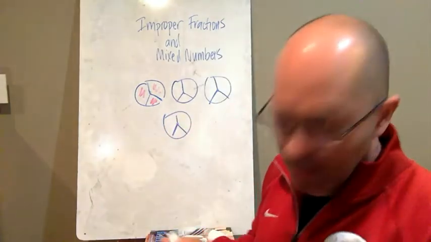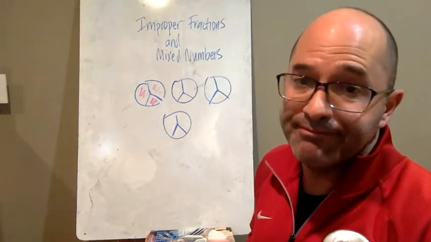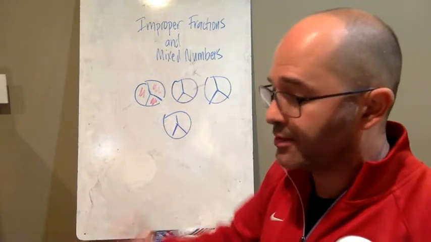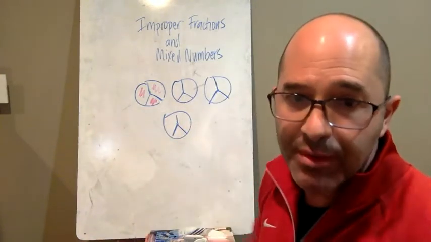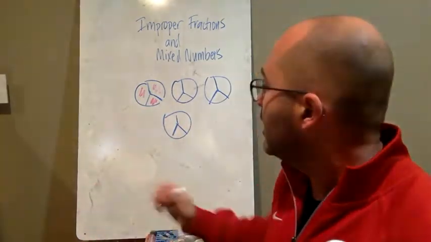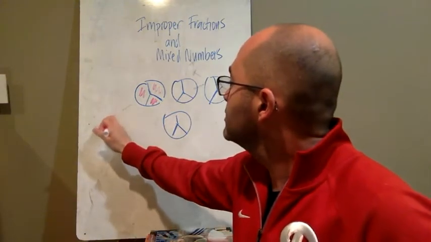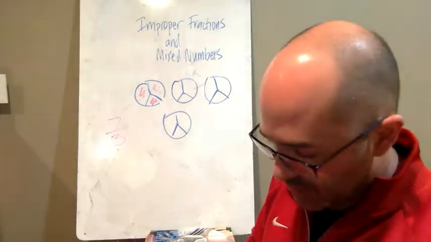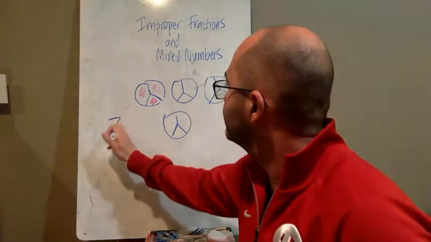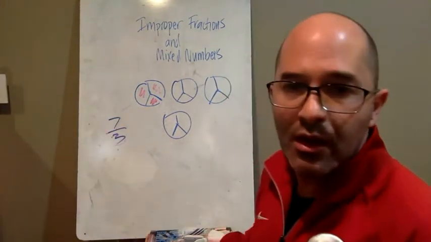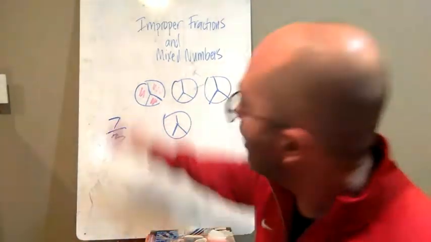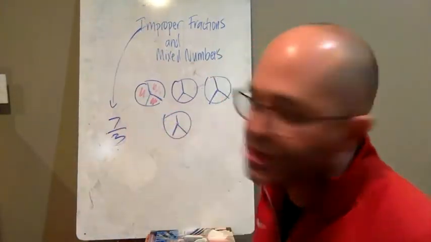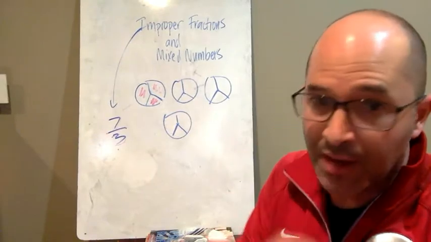Last night's bake-off at home, you made 4 big cookies, and 7/3 of the cookies were eaten. 7/3 is an improper fraction because the numerator is greater than the denominator.